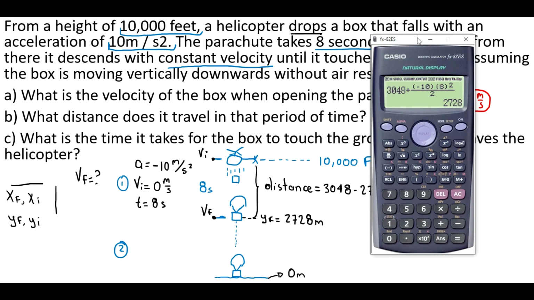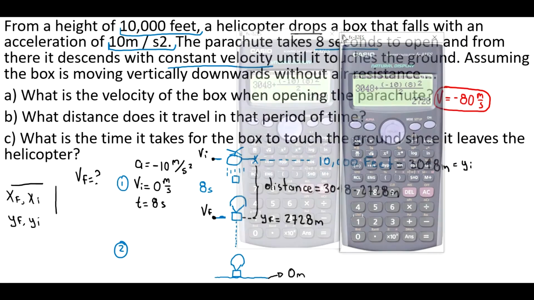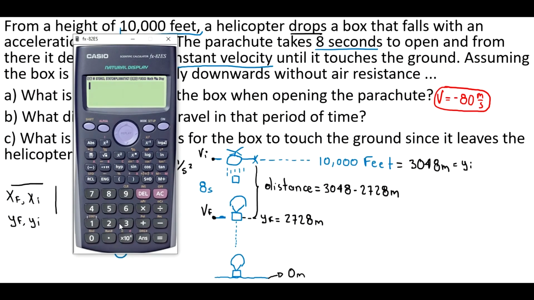So let's do it in the calculator. 3,048 minus 2,728 equals, that's it. That is the distance.